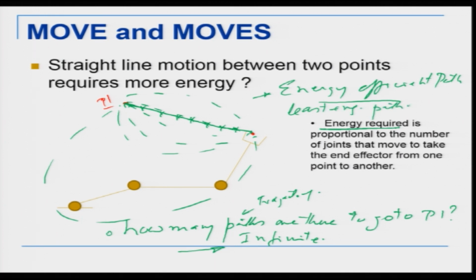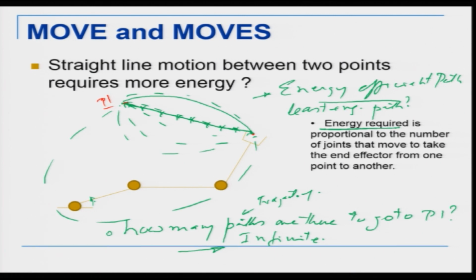Okay. Now, how do you get the least energy path? One way of finding the least energy path is that when it is moving from this point to this point, we are going to move the least number of joints. Okay. So, for example, if I only move this one from here to here and it is able to take this path and come here, then it is going to take less energy than moving all the joints together. Right?